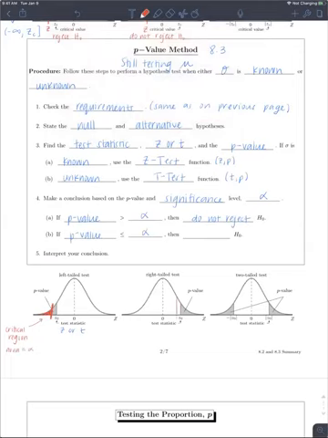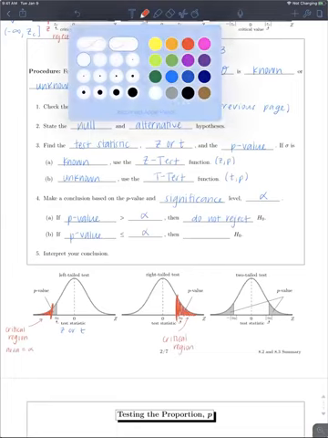If I have my unusual values here, then here's my critical region. And so the probability that your test statistic is unusual, it's an unusual value. And so in that case, I'm going to reject. So here, let's say this is the critical region. And I kind of destroyed that picture.